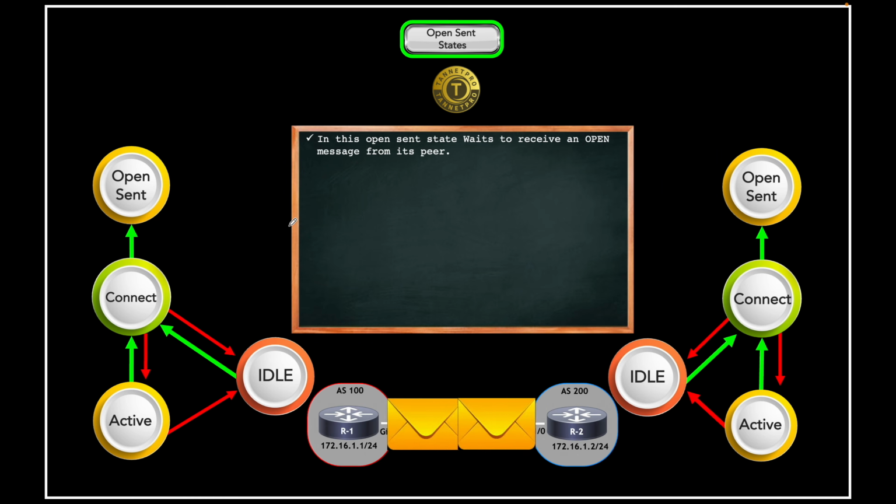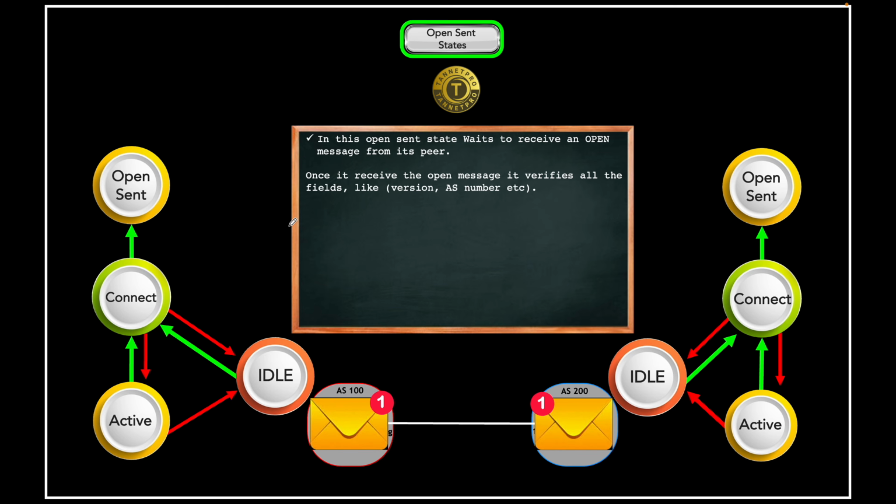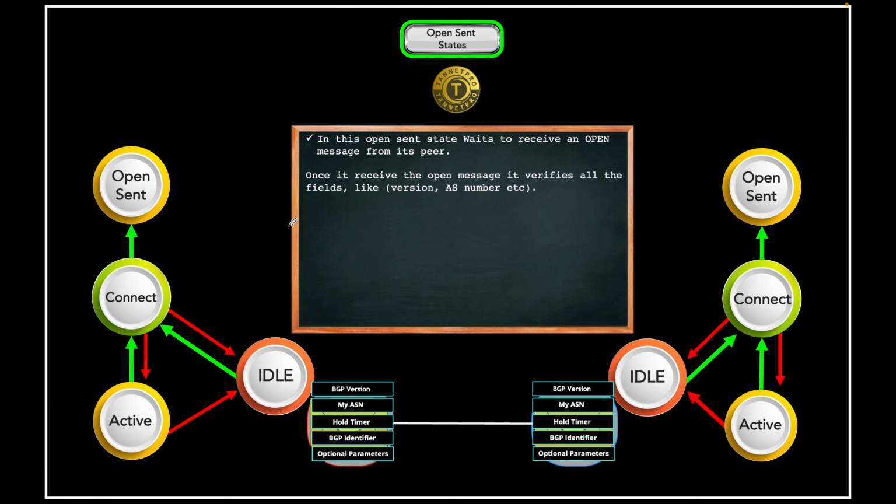So once it receives an open message, what happens? It opens this envelope, this open message, and checks all the parameters, like I have explained in the message tutorial, which might reflect over here on the I button, you can check from there what the content in an open message is. Open message contains BGP version, my ASN number, hold timer, BGP identifier and the optional parameters. So once it receives the open message, it checks all the parameters: whether the BGP version matches or not, what the ASN is, IBGP or eBGP, it negotiates all these parameters, right?